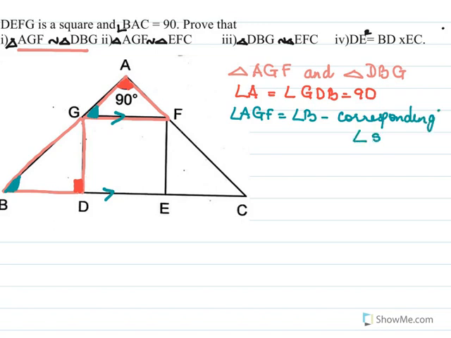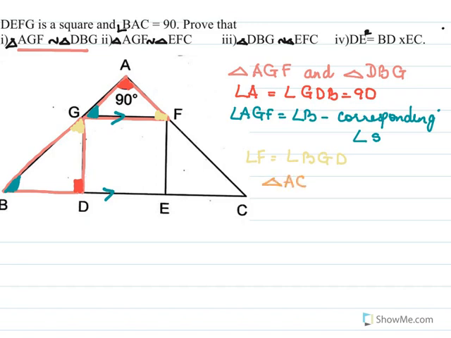Hence the third angle will automatically be equal, and the third angle, angle F, will be equal to angle BGD. So the triangles are now similar.